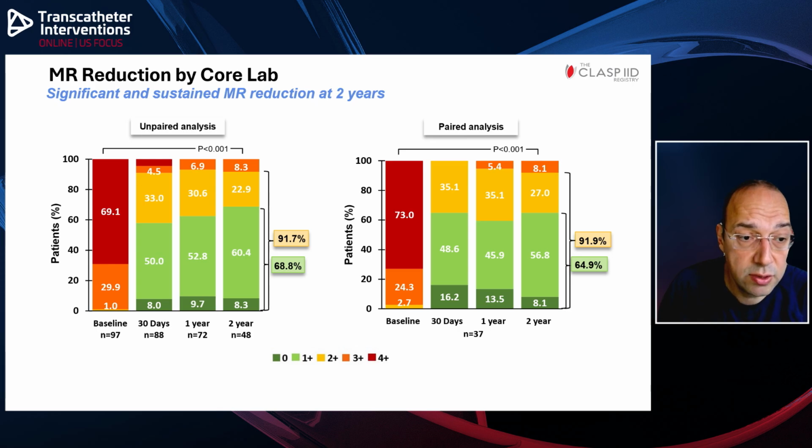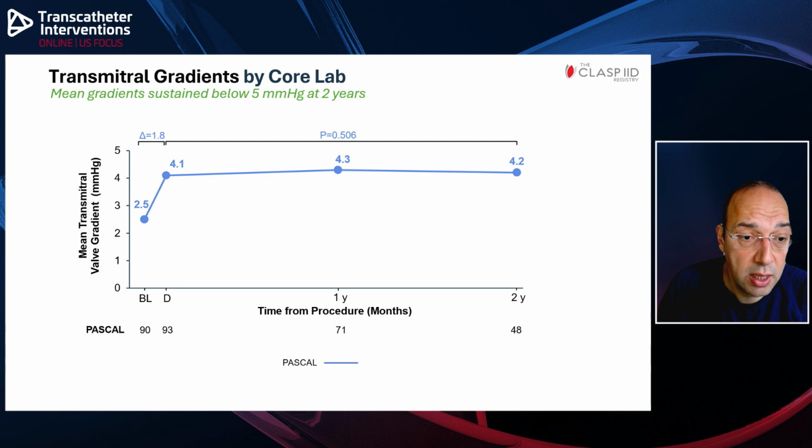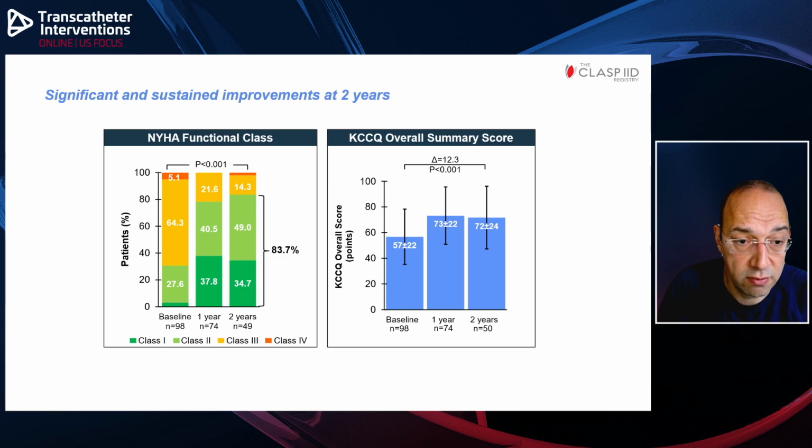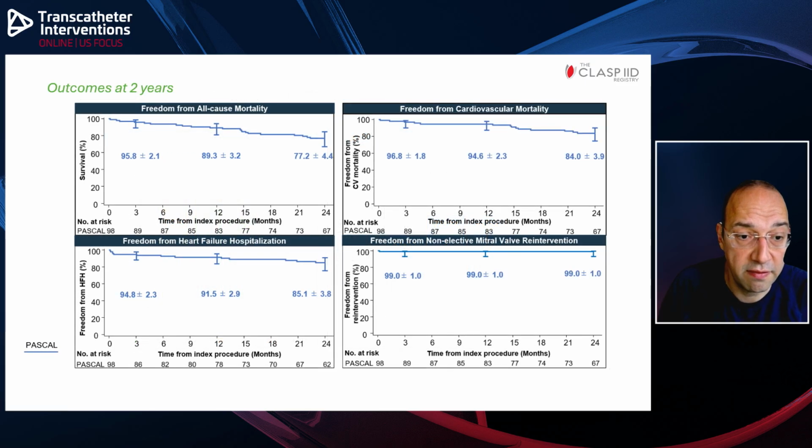But yet, those who receive good results and reduce their MR to 1+ or 2+ or less, they were sustained up to 2 years. So really, we are seeing longer-term data that suggests improvement in MR, sustainability of that, as well as good gradients, favorable remodeling of the left ventricle, and improvement in New York Heart Association class and quality of life.